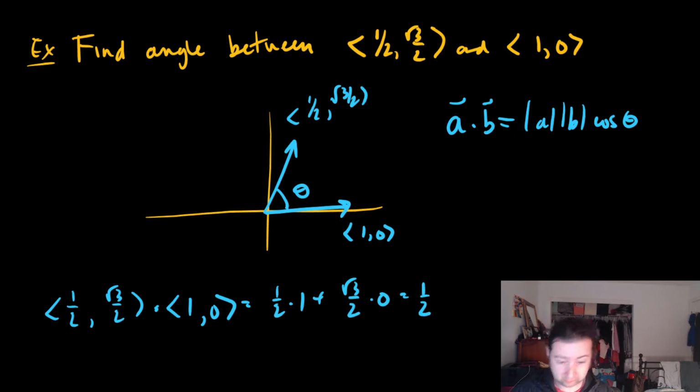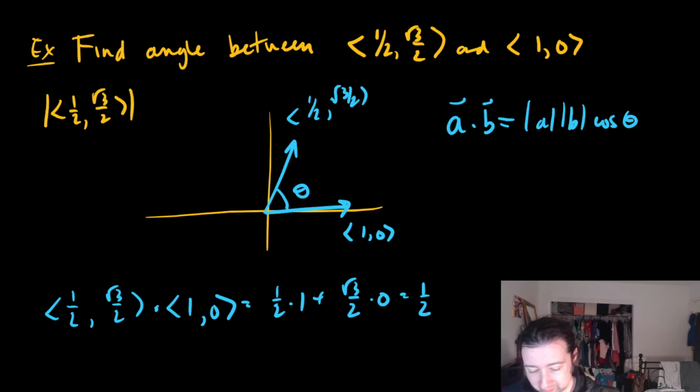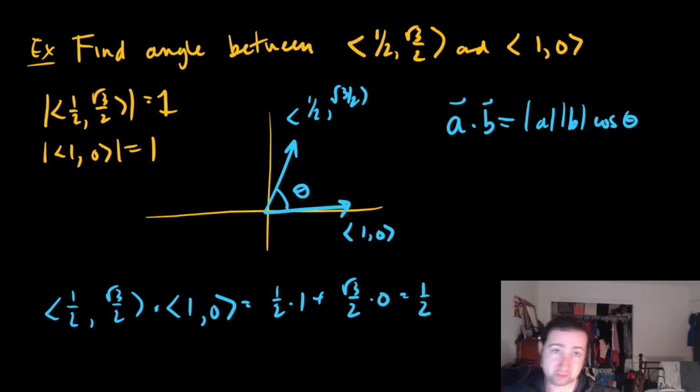That's the easy part of the formula. I've picked these precisely because the length of this vector turns out to be 1, and the length of this vector also turns out to be 1.